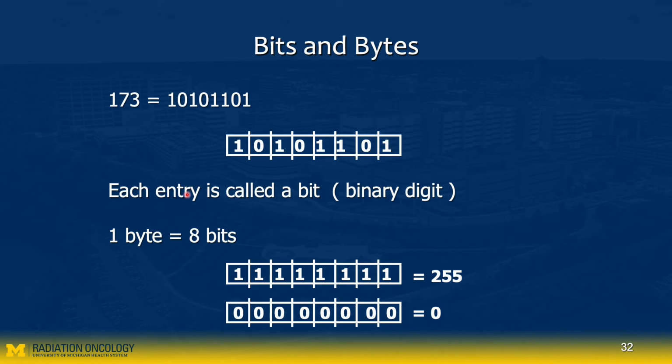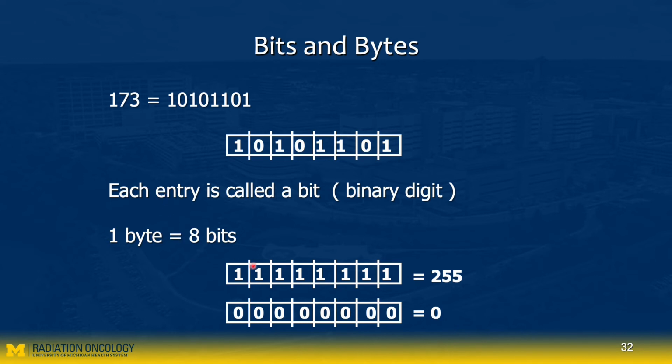Each entry here is called a bit, a binary digit, either 0 or 1. Each bit can be on or off. If you have 8 bits, that is 1 byte. Maybe you are familiar with the term byte.